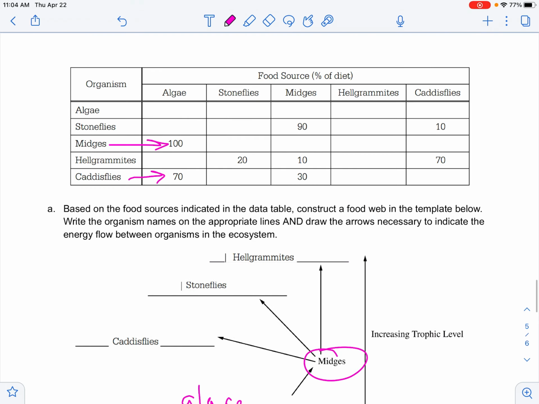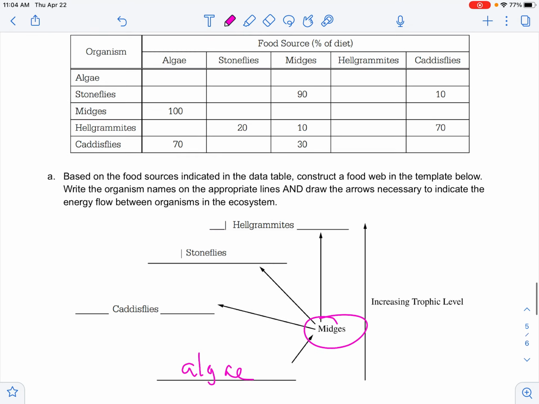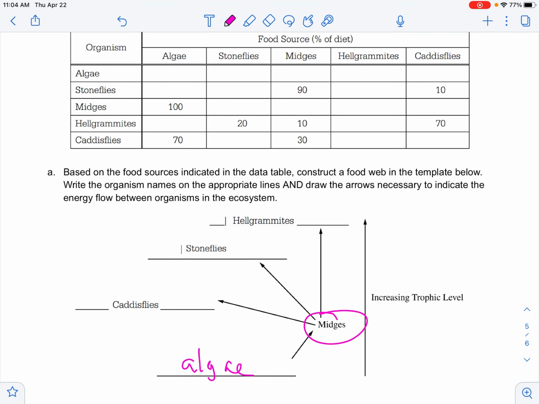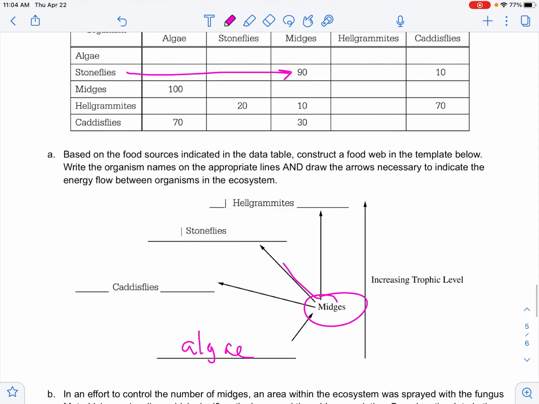So in order to do that, midges is done for you. The arrow is going to and from the midges, right? Stoneflies eat midges. That arrow is done for you. But stoneflies also eat caddisflies.